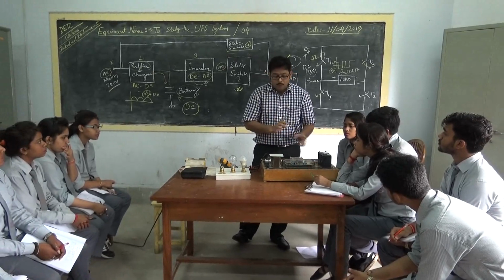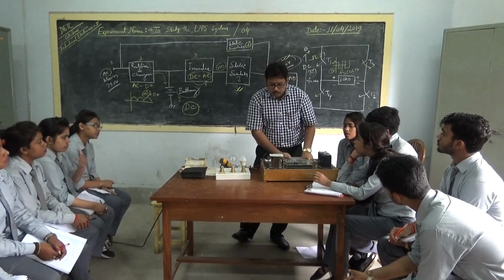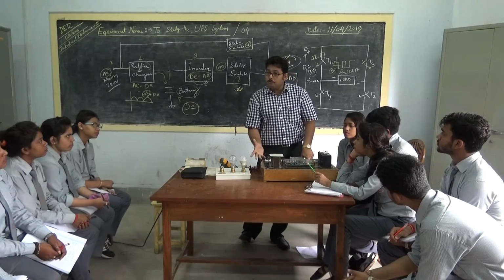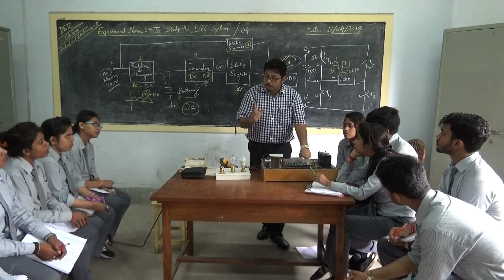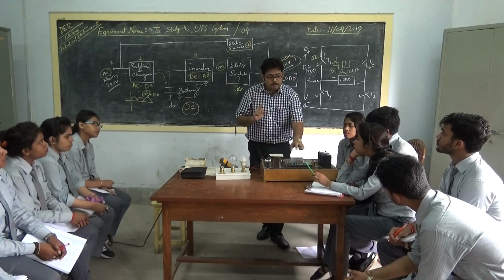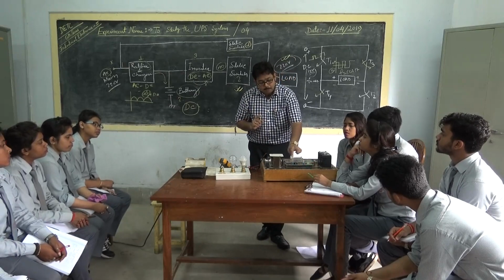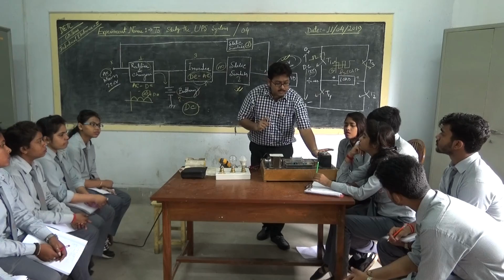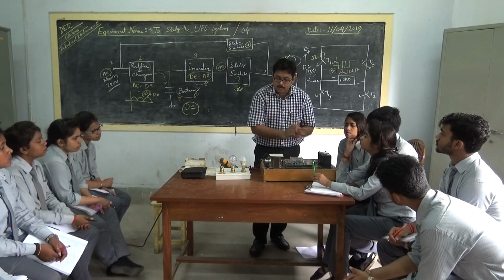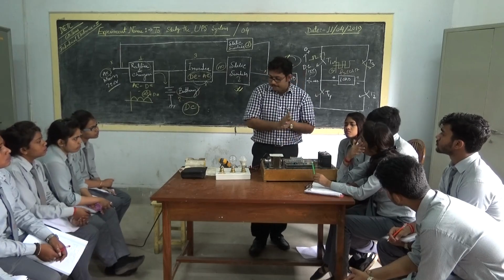Because the symptom of fault switch 1 and fault switch 4 is the same, that the output voltage is not available. But the reasons are two. One time the inverter circuit does not work due to the unavailable PWM signal, and another time the battery supply to the inverter is cut down. Okay.